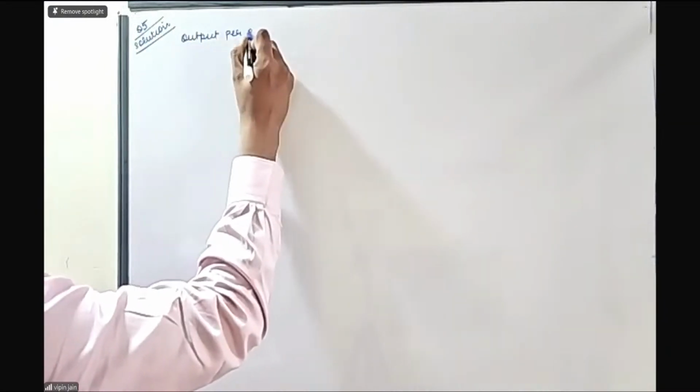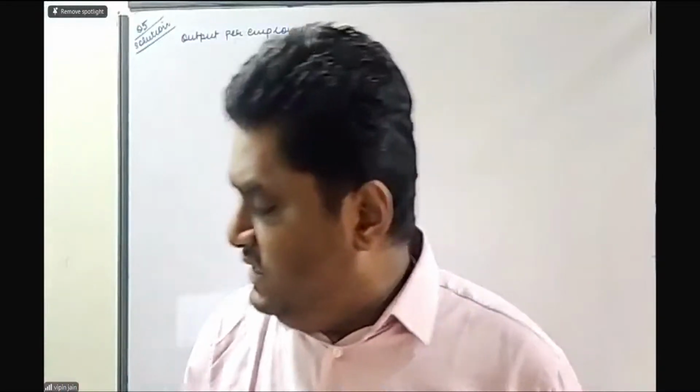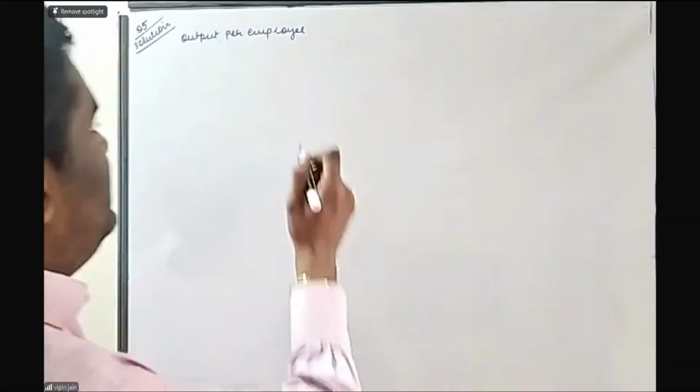So output per employee currently is how much? See, total 48,000 units for 160 employees. So 48,000 divided by 160, that is 300.